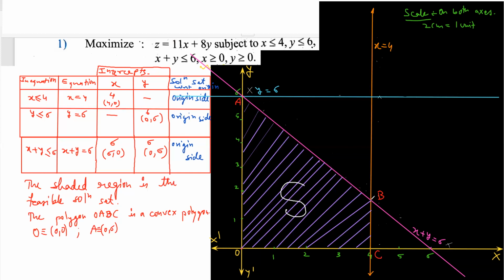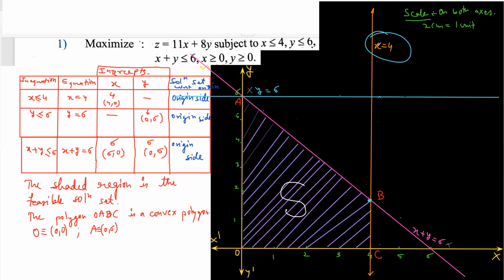For the coordinates of B, you have to solve these two lines simultaneously. X is 4, because point B lies on the line where X is 4.